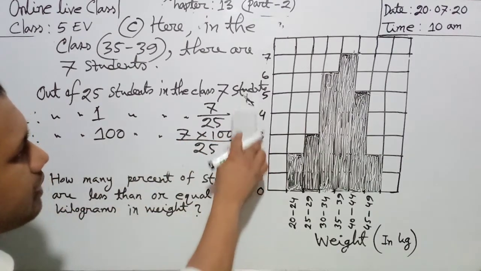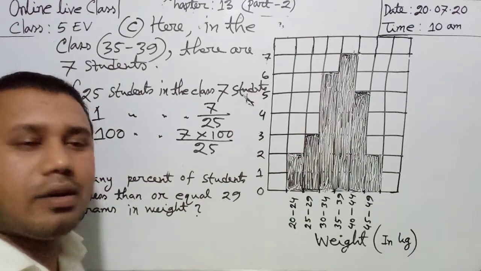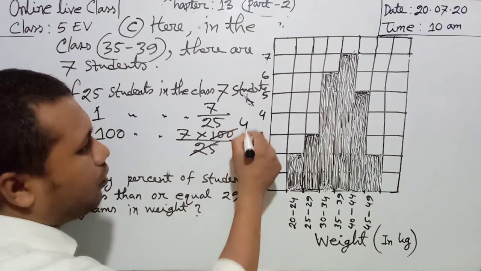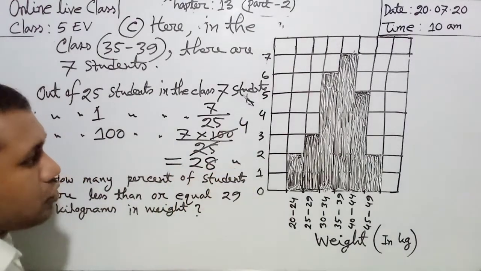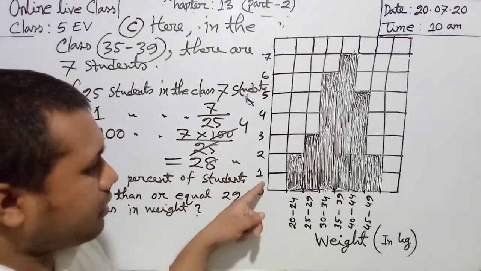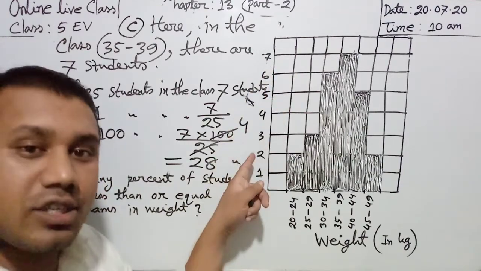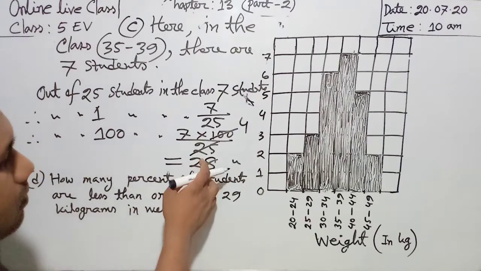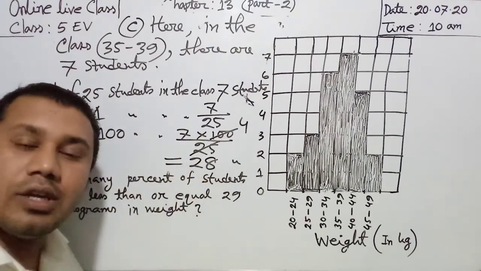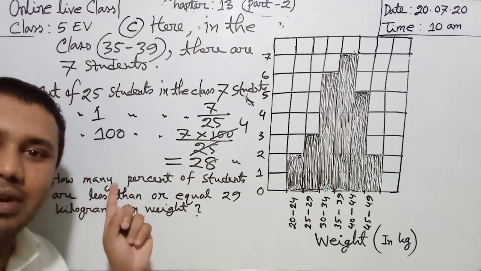Now dear students, if we divide 100 by 25, it will be 4 times. So 4 times 7 is 28. So we can say 28 students. This indicates students. Clear, dear students? So in the class 7 students, now out of 100 there will be 28 students. So this is our answer of percent.